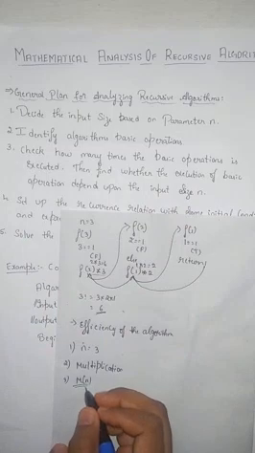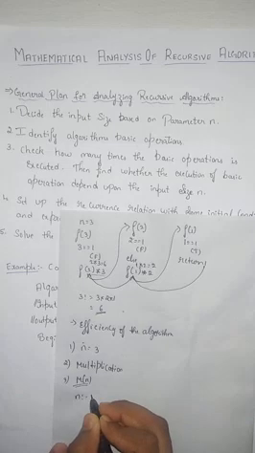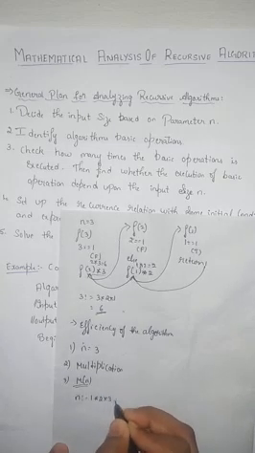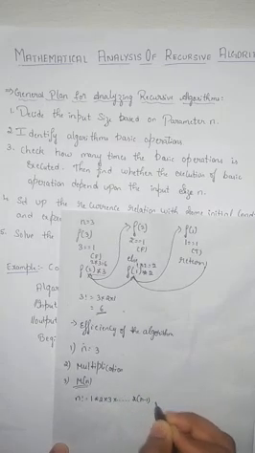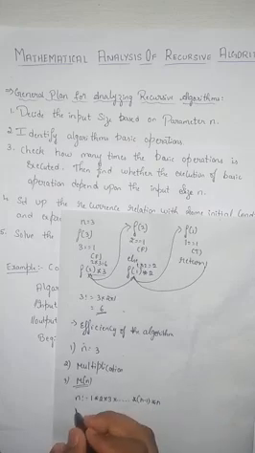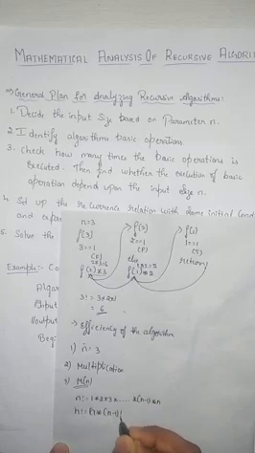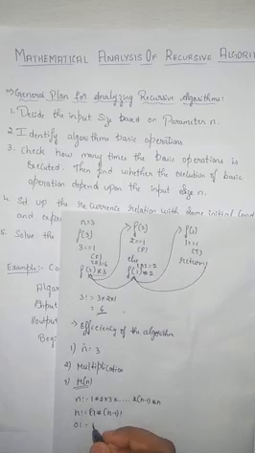Before that, we all know that n factorial can be written as 1 into 2 into 3 up to n minus 1 into n. So n factorial can also be written as n into n minus 1 factorial. If it is 0 factorial, then it will become 1.